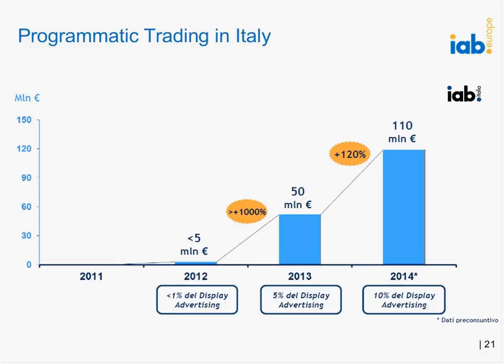The incremental quota of investments in programmatic is going to be driven, according to us, in the next 6-12 months, above all by video investments and a little bit by mobile. We are a very big video investment country. Therefore, the combination of video and programmatic is going to make it grow.